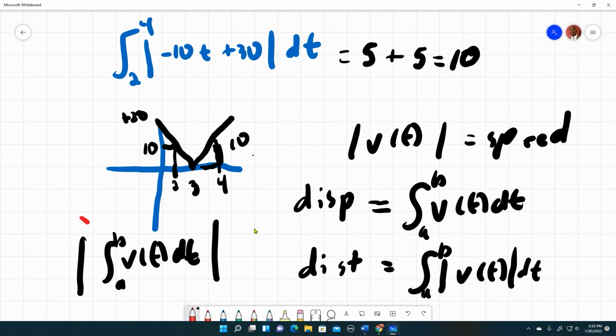So it's a no on this guy. No, sir. So if I want to find distance, I'm going to integrate the absolute value of the velocity function, or integrate the speed function. If I want to find displacement, I'm going to integrate just the velocity function. And there, ladies and gentlemen, is the difference between distance and displacement for rectilinear motion in the calculus world.